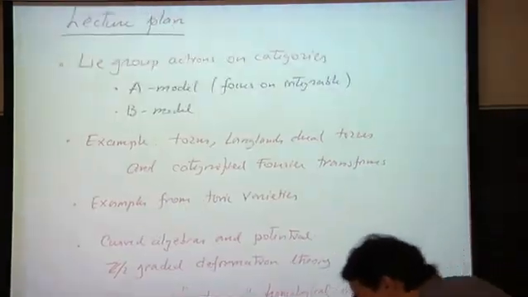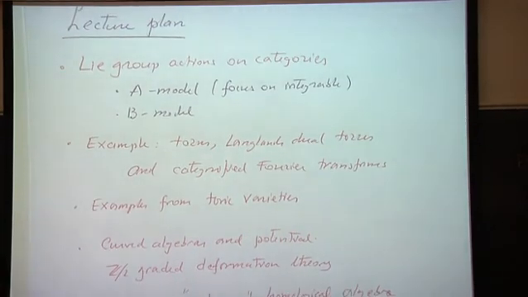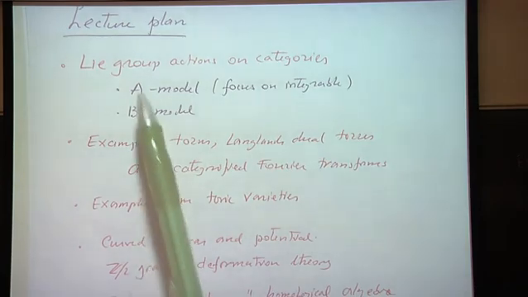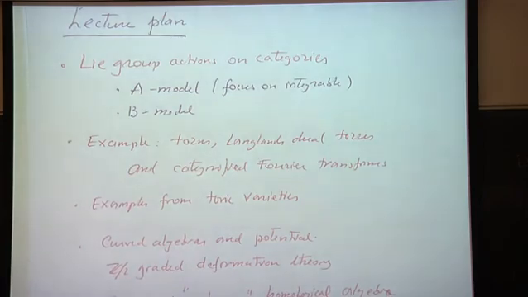And then after that, we'll have to define slowly what it means for a Lie group to act on a category. And it will turn out that there's a surprise. There are two different variations you can take, and they lead to very different styles of algebraic geometric physics, namely the A model and B model in mirror symmetry. So one type of action goes with the A model and another type with the B model.